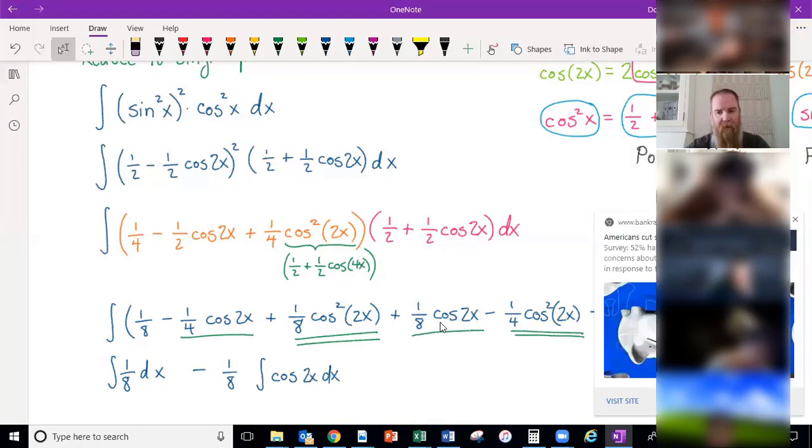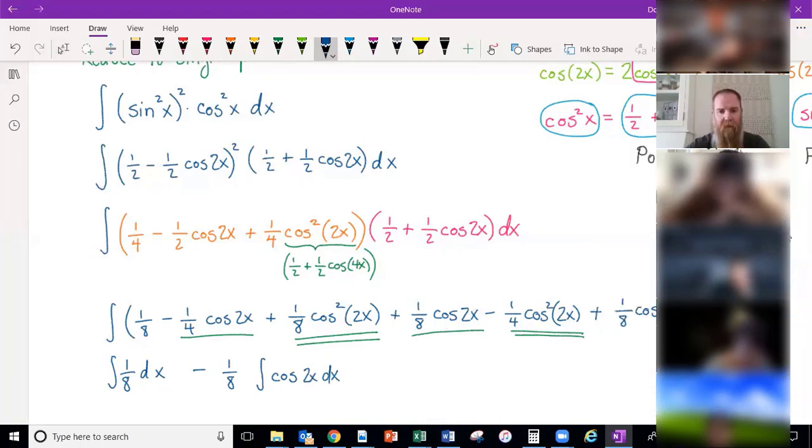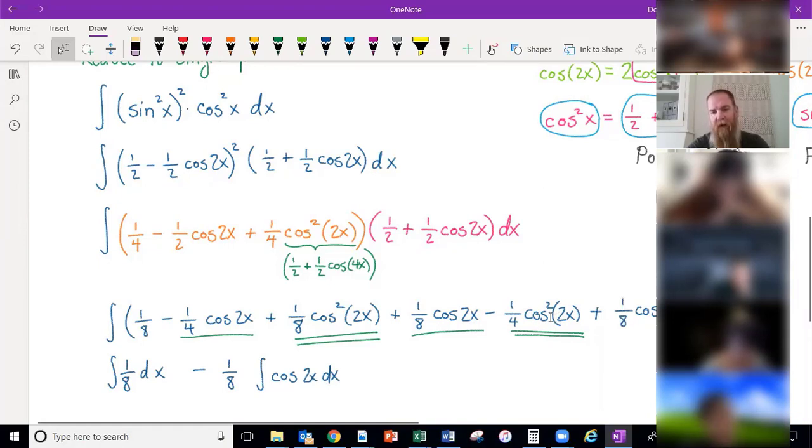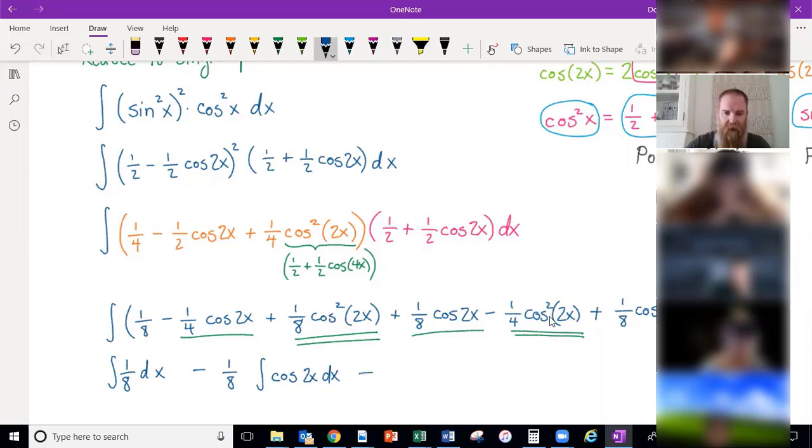Now we're going to come over here, and when we combine 1/8 cosine squared 2x minus 2/8 cosine squared 2x, that's negative 1/8 cosine squared 2x. So that's going to become minus 1/8 times the integral of cosine squared 2x.